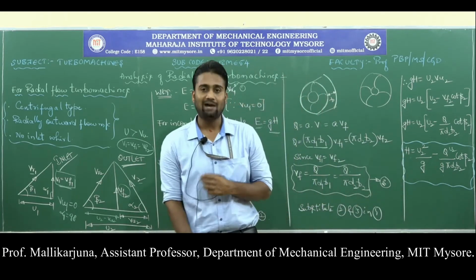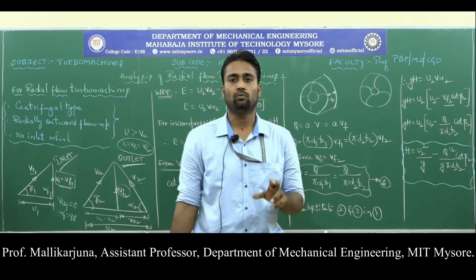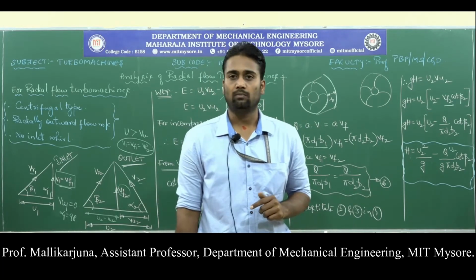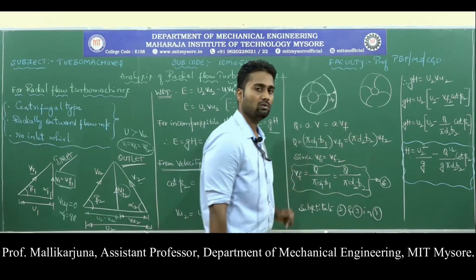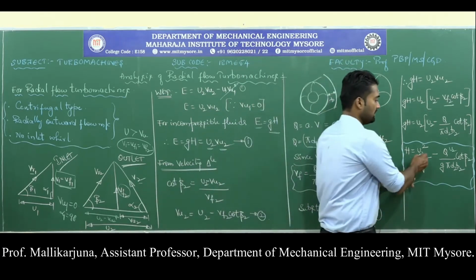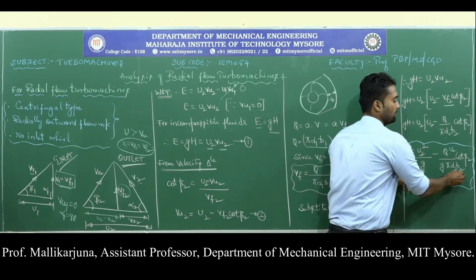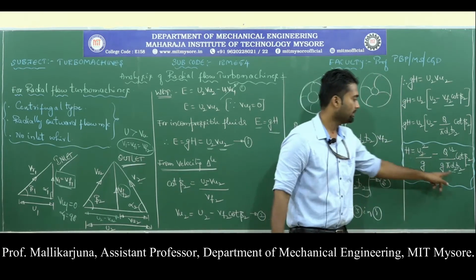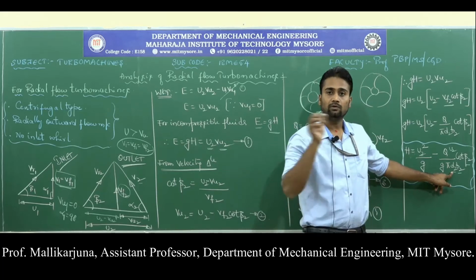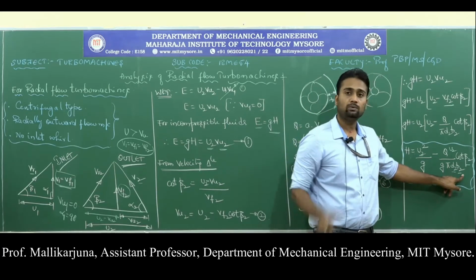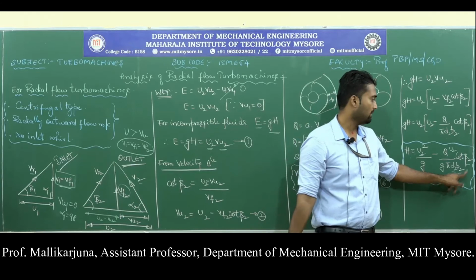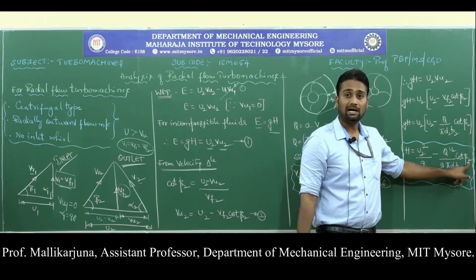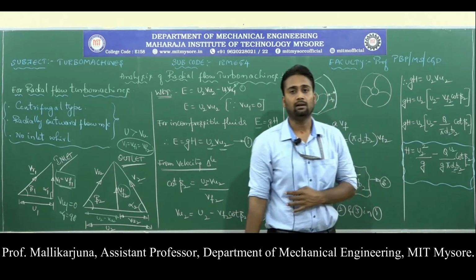So now we have analyzed the flow which is happening through the radial turbo machine, wherein if you look onto the various terms, all the terms are with respect to outlet. U2 is the blade velocity at the outlet, D2 the diameter of the rotor at the outlet, B2 the thickness of the blade at the outlet, and beta 2 is the blade angle at outlet.